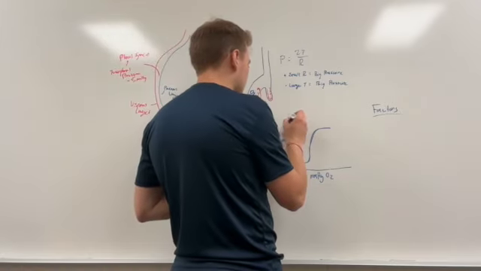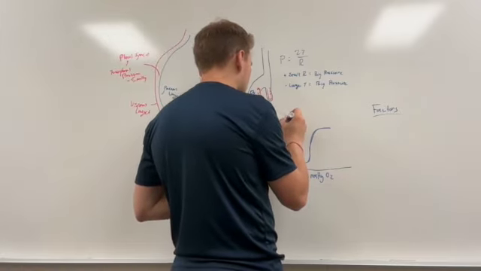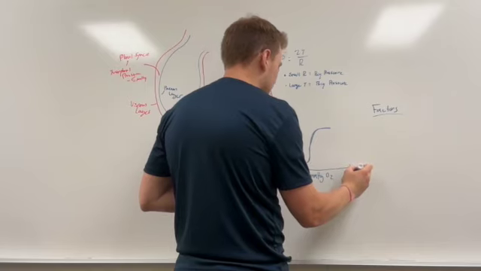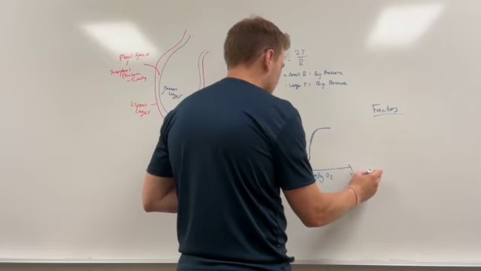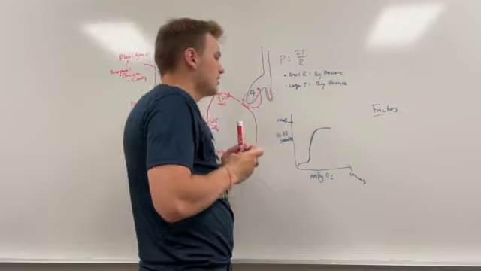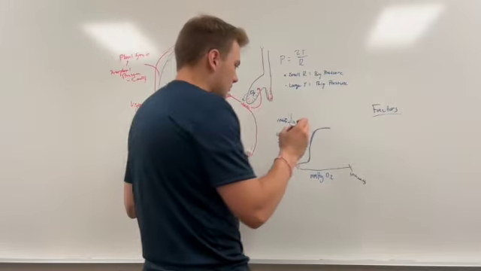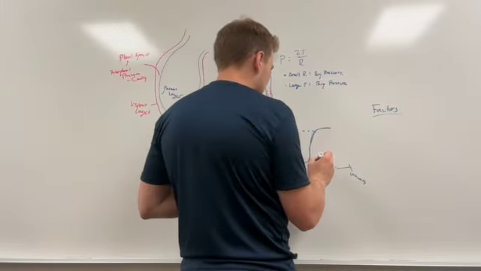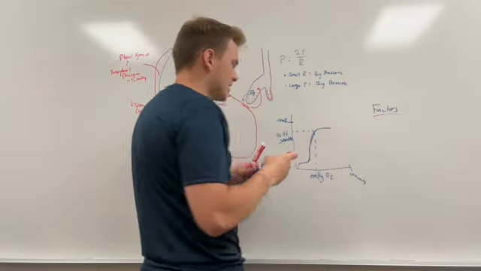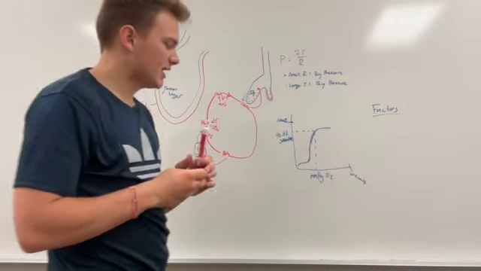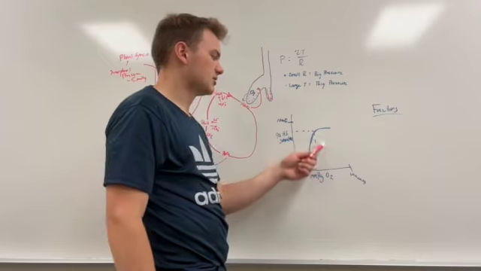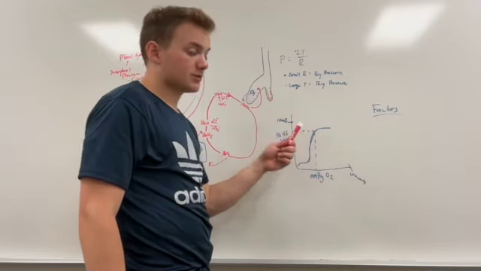So if this is 100%, let's say that's, I don't know, 100 millimeters mercury or something like that. About right here, let's call it 75%-ish, and at 40 millimeters of oxygen, we're going to have 100% saturation.